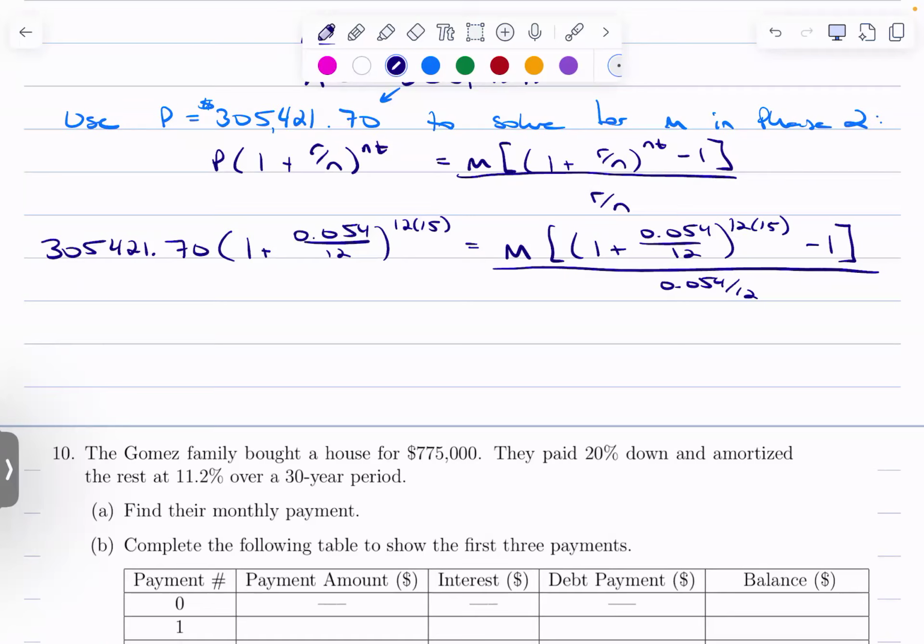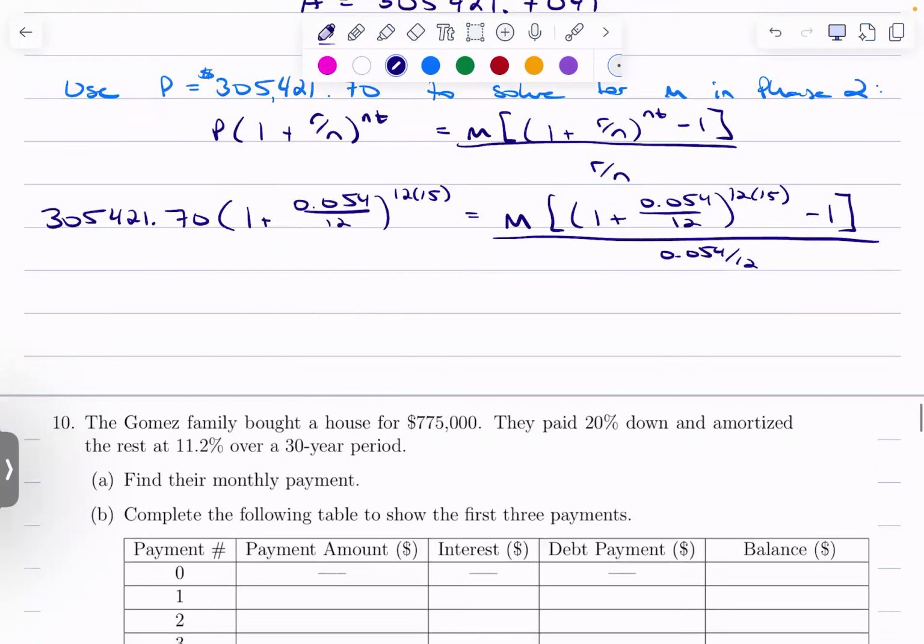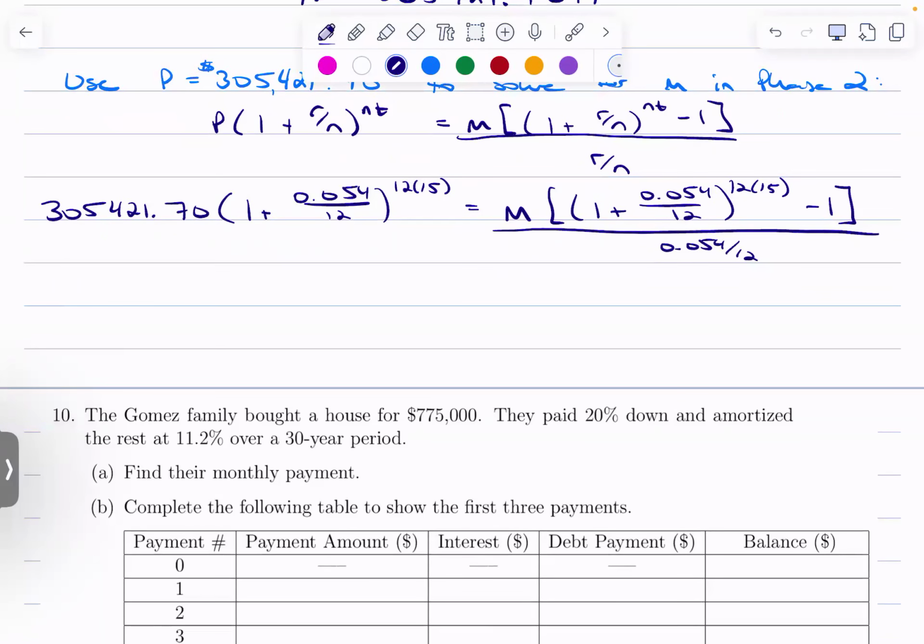I'm just going to go for it. Plus 1 to the power of 12 times 15. Make sure that's all in the power. Store that. Times 305,421.7. I get 685,313.4972.